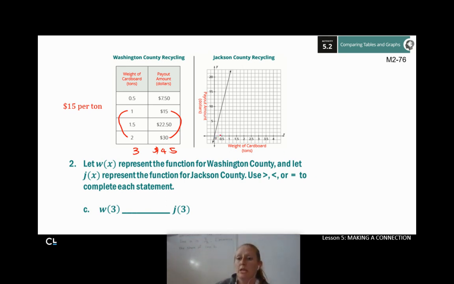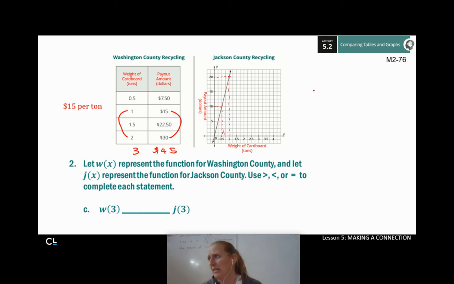This one was trickier, but I did notice that I had 1 ton, which was 20, right? And half a ton, which was 10.